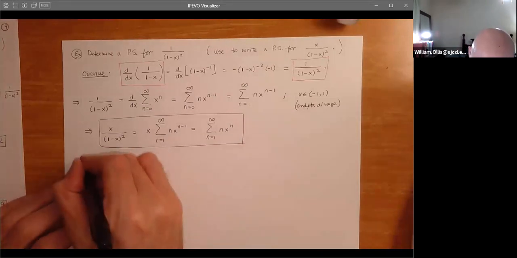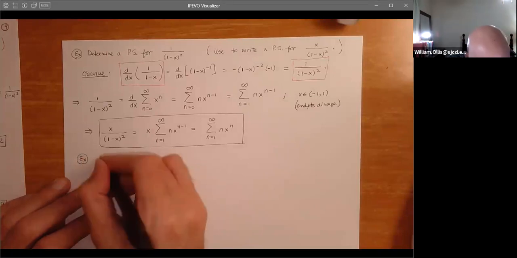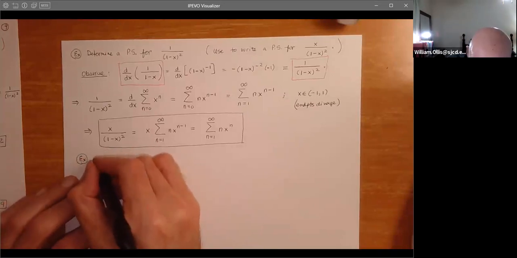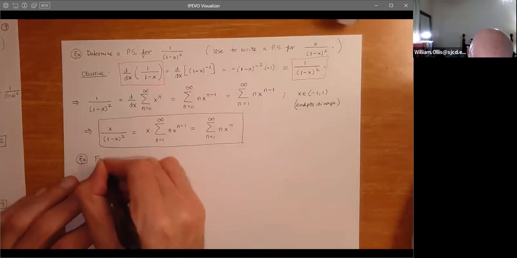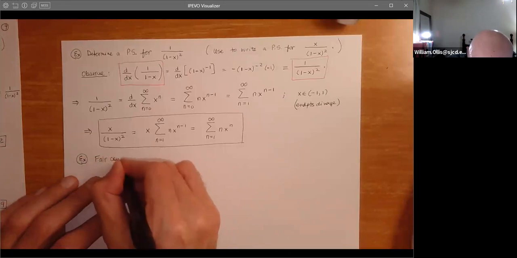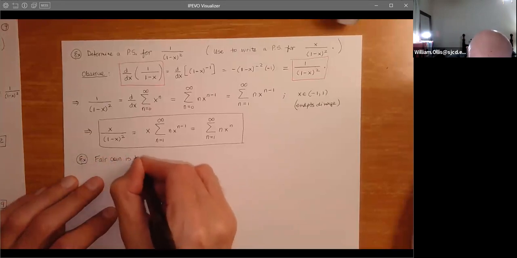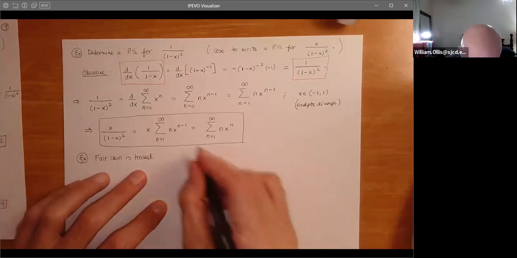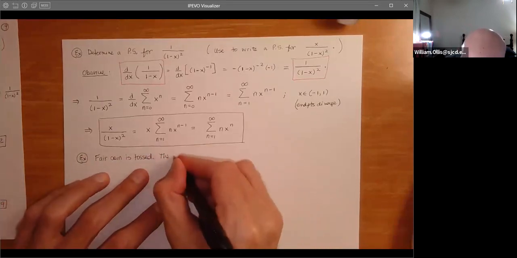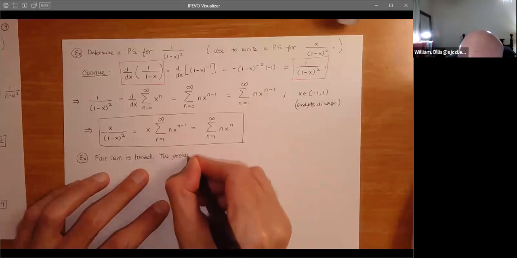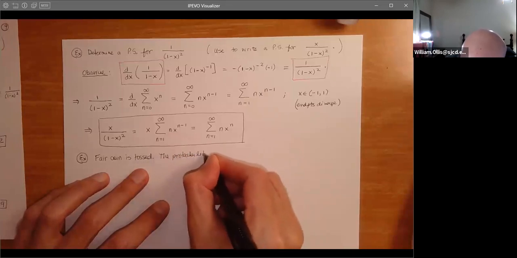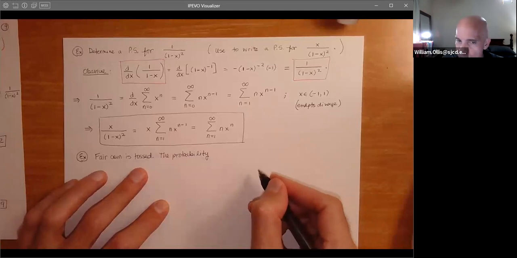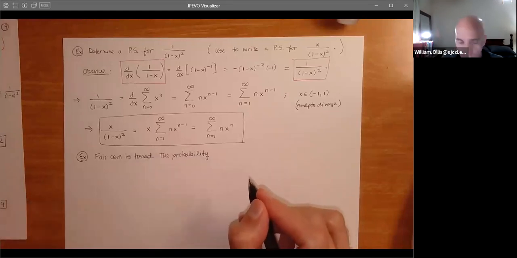So here's the problem with probability. It says example. Here's the experiment. A fair coin is tossed. This is called the geometric distribution. And then it says the probability. Again, you don't need to know probability. We're just going to use the calculus to solve the problem because I'm going to tell you what to do.